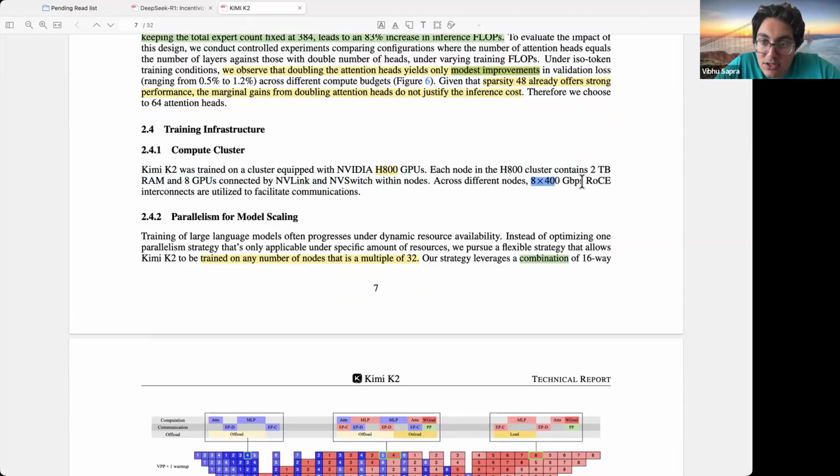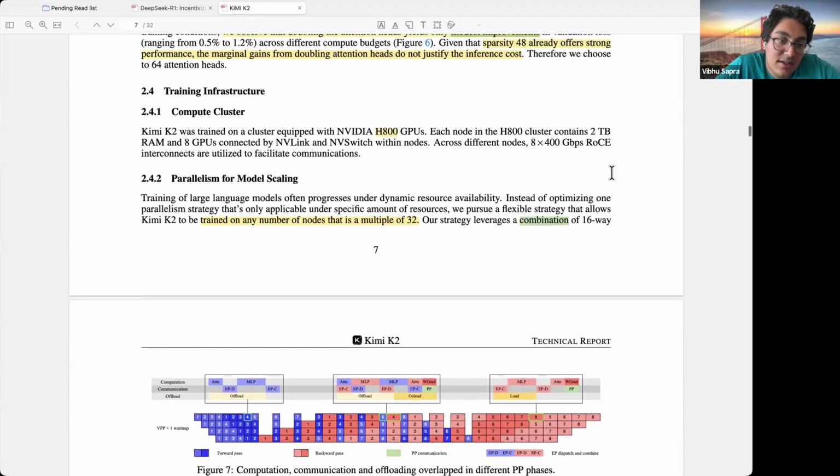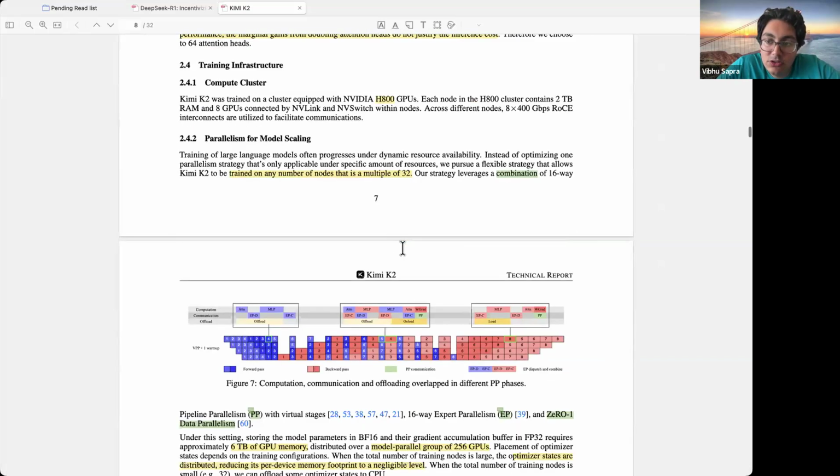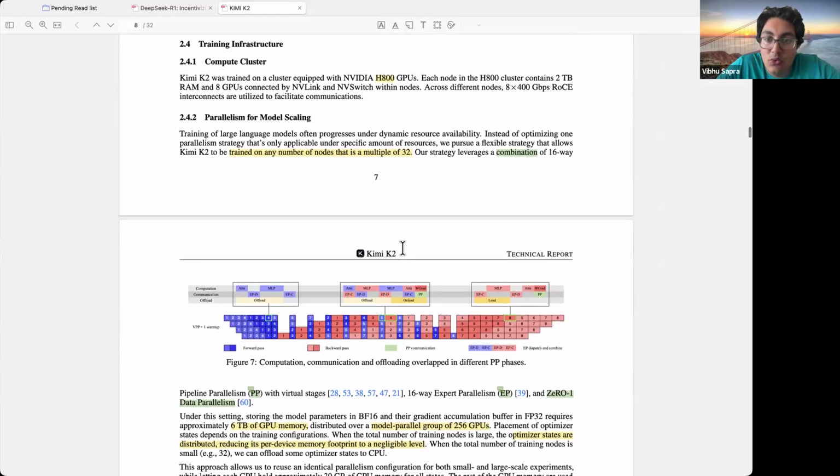Across different nodes, 8 400 gig RoCE interconnect. They talk about stuff like PCIe offloading, saving to disk, weight optimization. Basically, the thing that Magistral did was really efficient, to just keep rollouts running 24/7. At this scale of trillion parameters, they did a lot more offloading to DRAM.